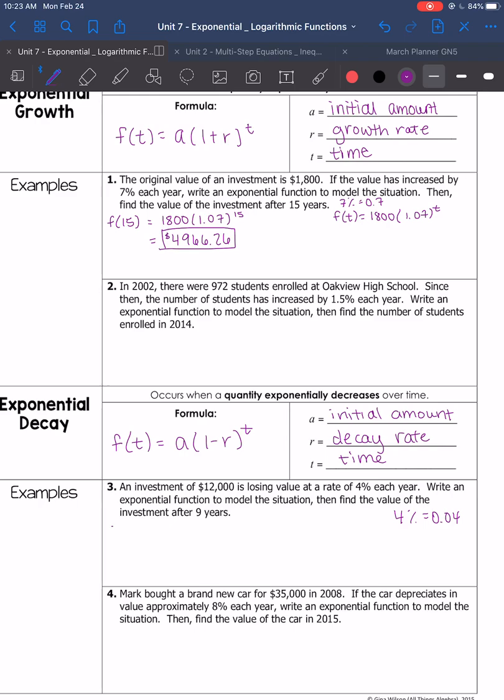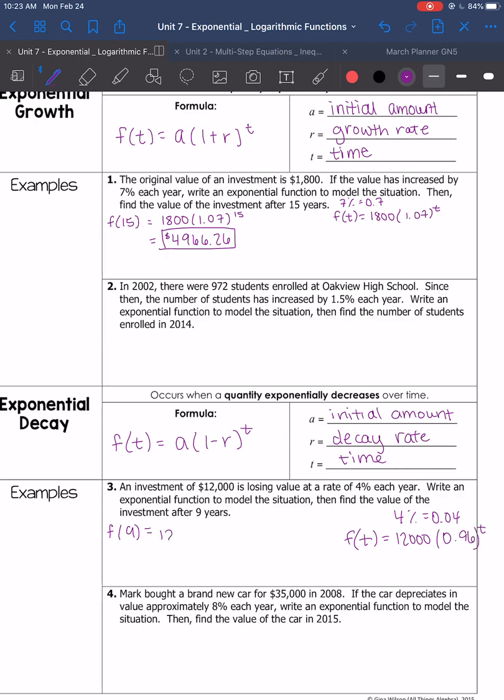So we're going to want to find f of 9, but before we find f of 9, let's find f of t. So 12,000 is your initial amount. 1 minus 0.04 is 0.96, and then raise it to the t.